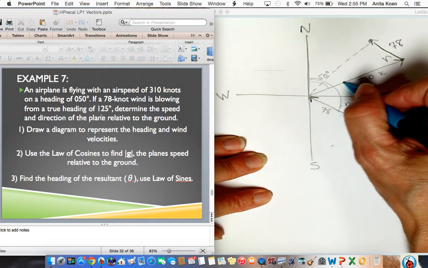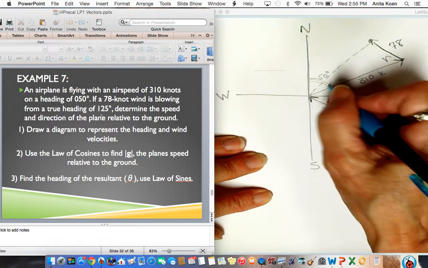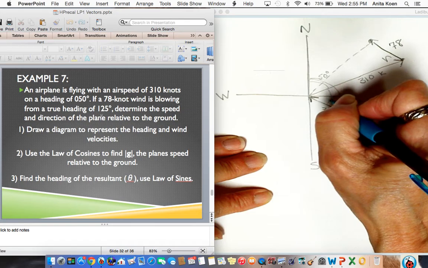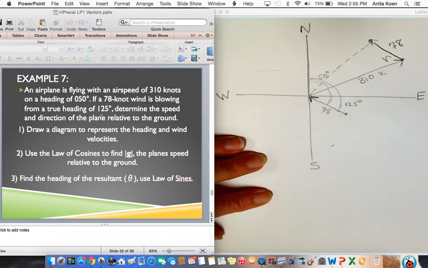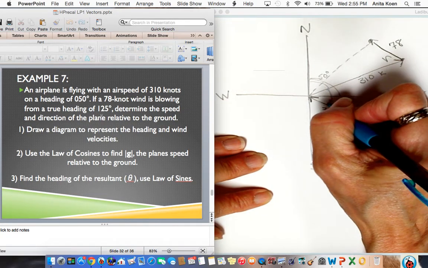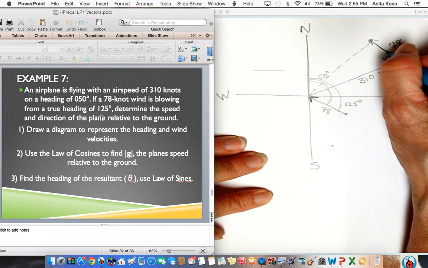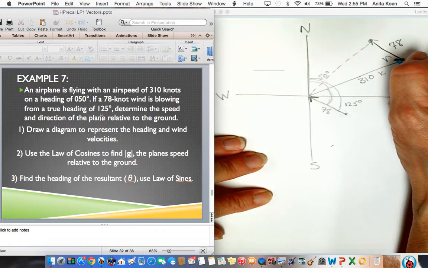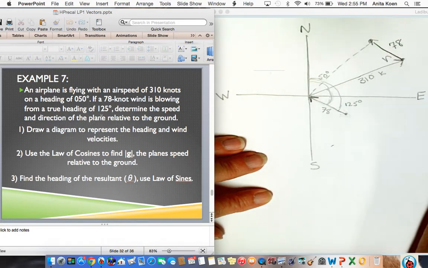This is cutting across those two parallel lines, which means that this angle right here, from here to here, is going to be the same size as gamma. This angle is the same size as gamma because alternate interior angles are congruent when you have two parallel lines cut by a transversal.